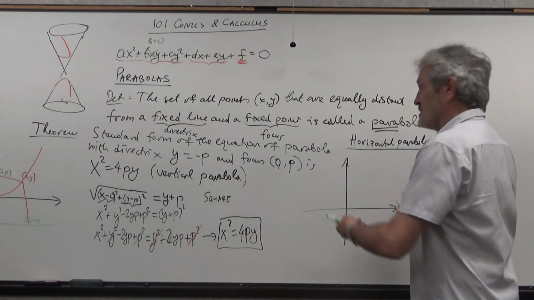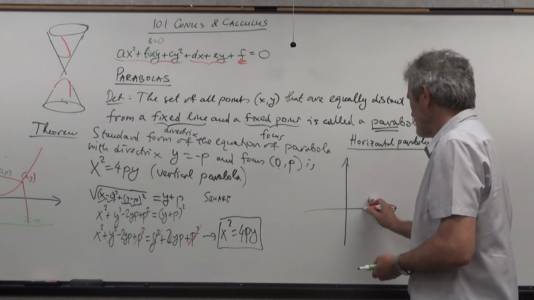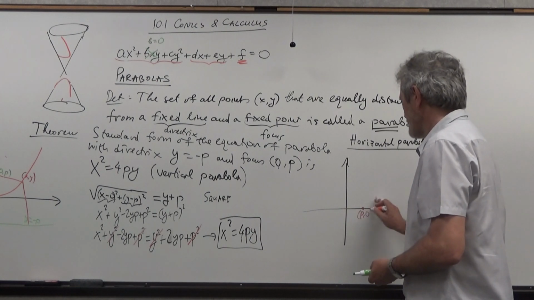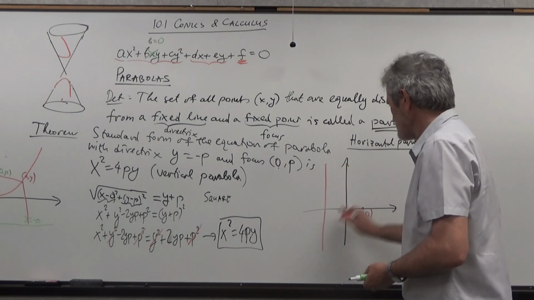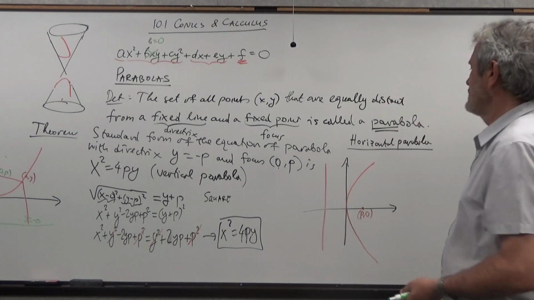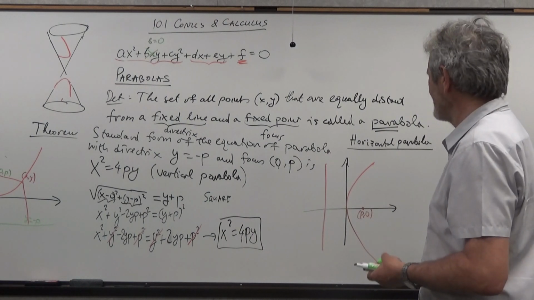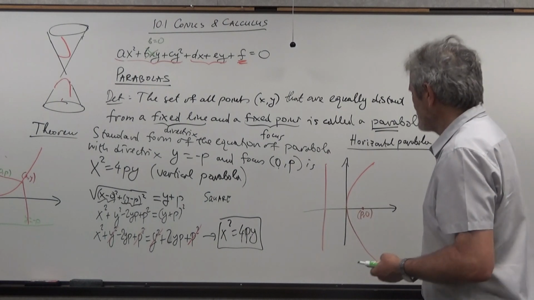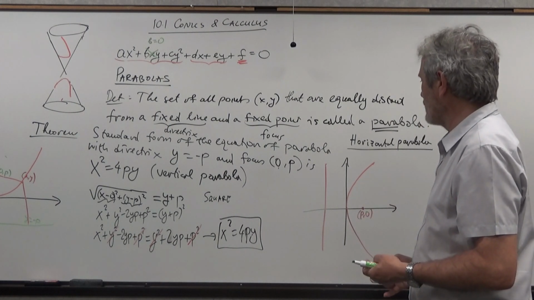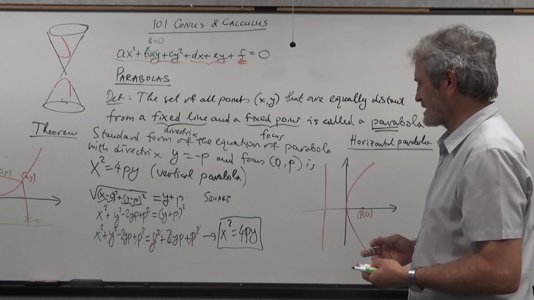And then here it will be not a vertical parabola, it will be a horizontal parabola. So what happens? The focus is here, now it's (p, 0). The directrix is vertical on the left, and your parabola goes like this. I'm not sure how to do that opening. You will see in one of the problems that we'll do, that will help you actually to see what is the proper way to draw that opening correctly.